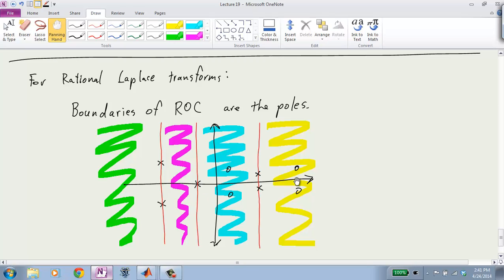All right. Now, the green one is left-sided, and the yellow one is right-sided, which means the yellow one might be causal. In fact, it'll turn out for these rational Laplace transforms that if it is right-sided, it'll be causal. So this yellow one is causal, but is it stable? No, it doesn't have a Fourier transform, and it's not stable, right?